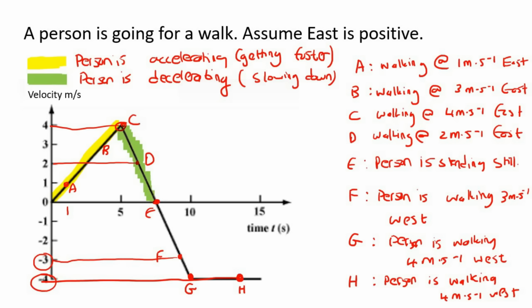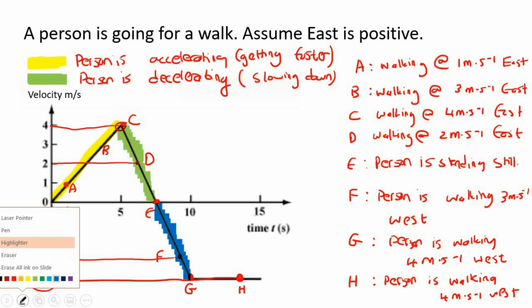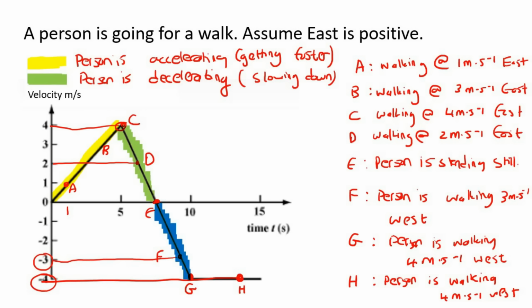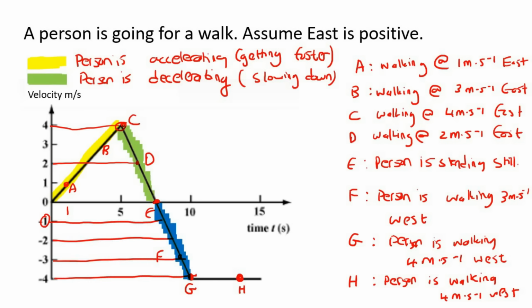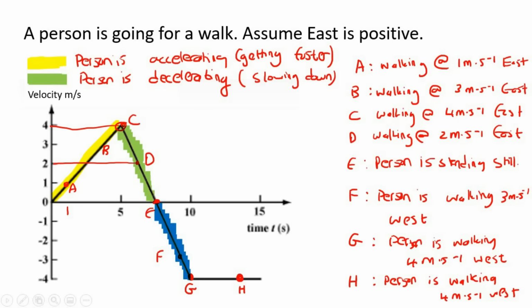Now, in this area over here, some learners say that the person is getting slower. But that's not true. If you look at the numbers, don't worry about the negatives, just look at the numbers. It's going from 1, so for example, there the velocity is 1, but then there the velocity is 2, there the velocity is 3, and there the velocity is 4. So for that part there, the person is actually accelerating. The negative's just telling us that they're going in a westerly direction. That's all that means.